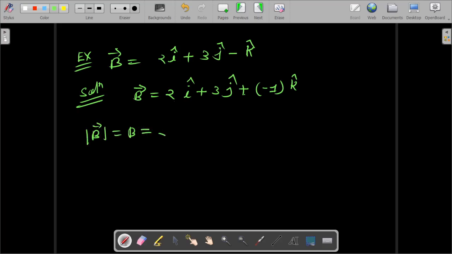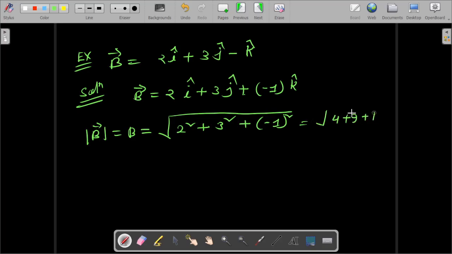How much? 2 square plus 3 square plus minus 1 square. How much will it be? 4 plus 9 plus 1 will be root of 14.